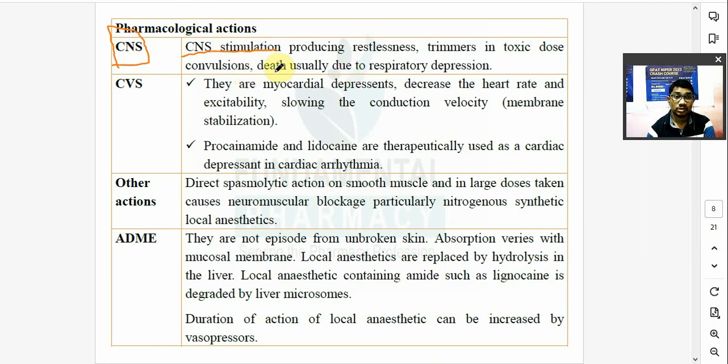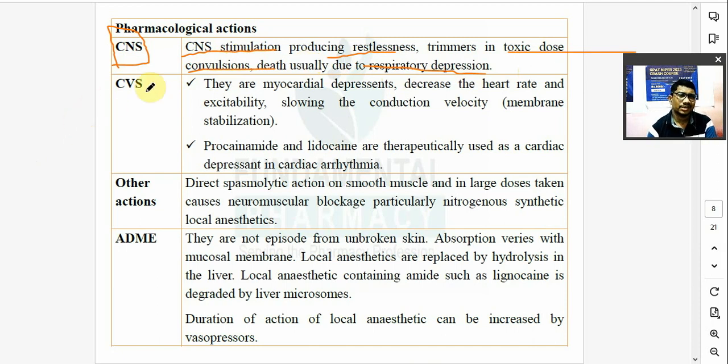They produce CNS stimulation, producing restlessness, tremors. In the toxic dose, they can cause convulsions, coma, and death, which is due to the respiratory depression. But it occurs rarely. Local anesthetic का toxicity बहुत ही कम बार होता है because dose responsible for the local anesthetic is very less.